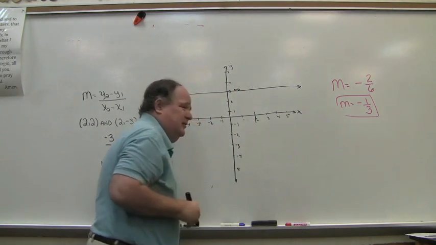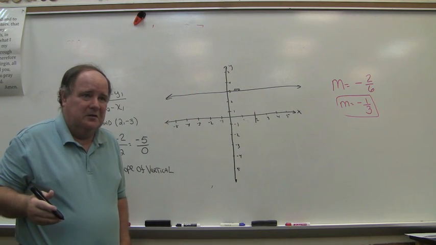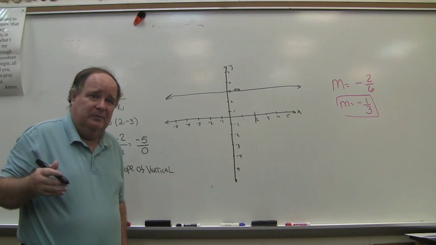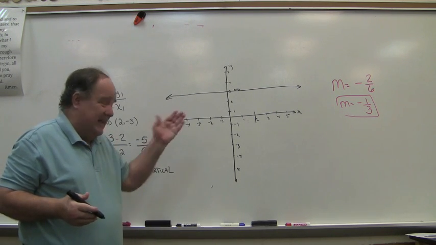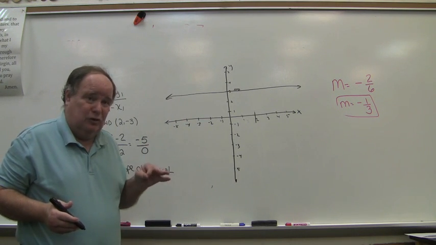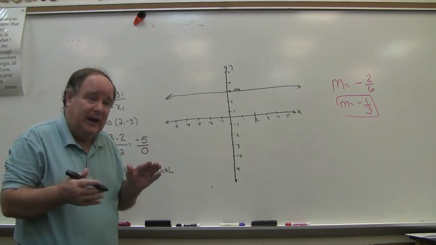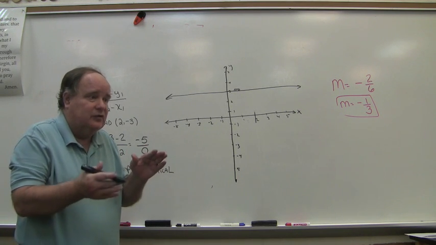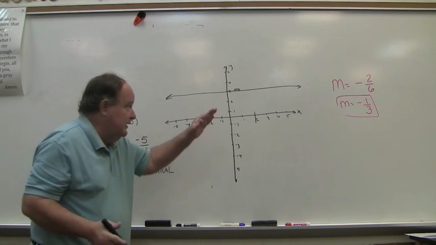Is it going to go anywhere? It's going to sit there, right? It's not going to go down, it's not going to go up. So let's see what the slope is. If I was going to make a guess, I'd say the line has 0 slope, and then as my line either moves up or down, it would have a plus slope going up this way or a negative one. But let's just check it out.